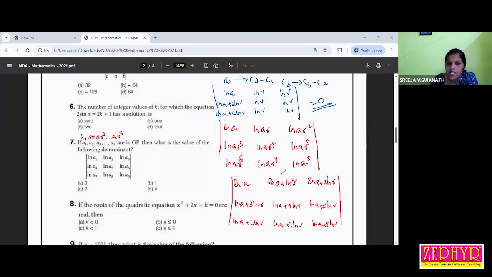Okay, listen. We apply C2 minus C1. C2 minus C1, the second column, log A plus log R minus log A. Minus log A and plus log A are cancelled, log R. Similarly, second term, log A plus 4 log R minus log A plus 3 log R. 4 log R minus 3 log R, log R. Like that.